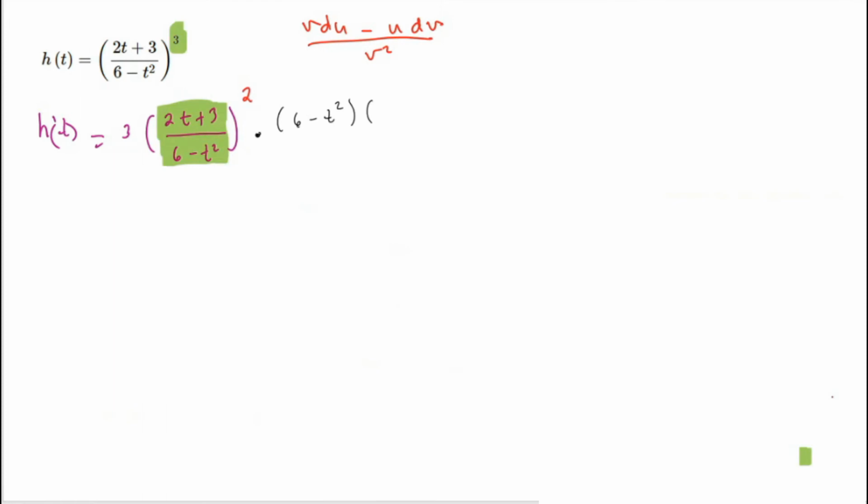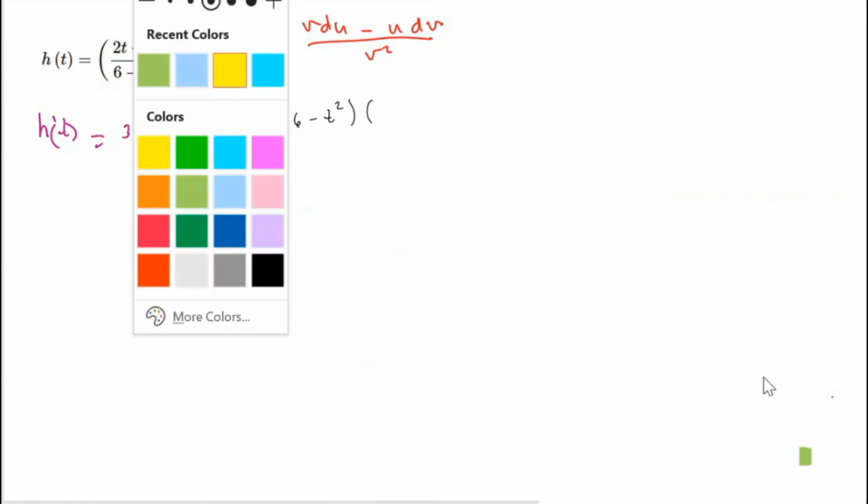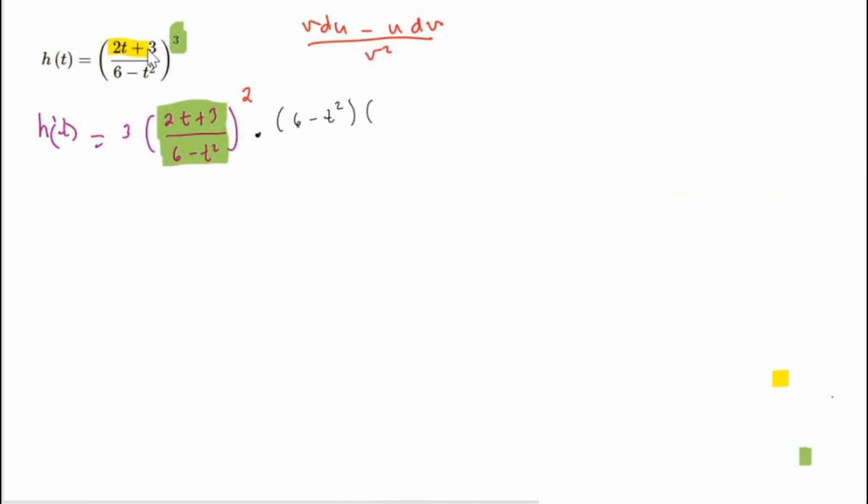Looking at this, you can solve it mentally. The numerator is u, so the derivative of that is du. The derivative of 2t plus 3 will just give us 2, since the derivative of 3 is 0. Minus u dv.